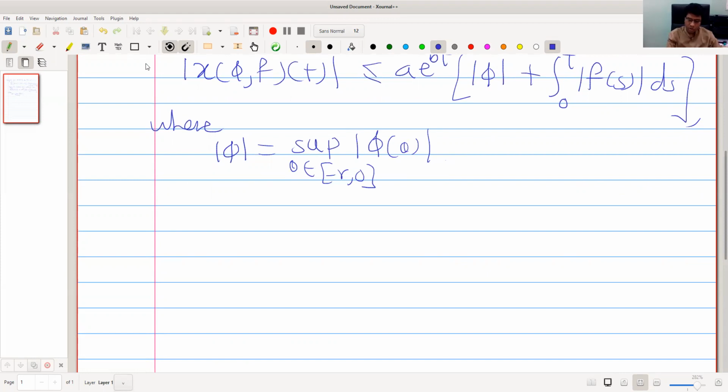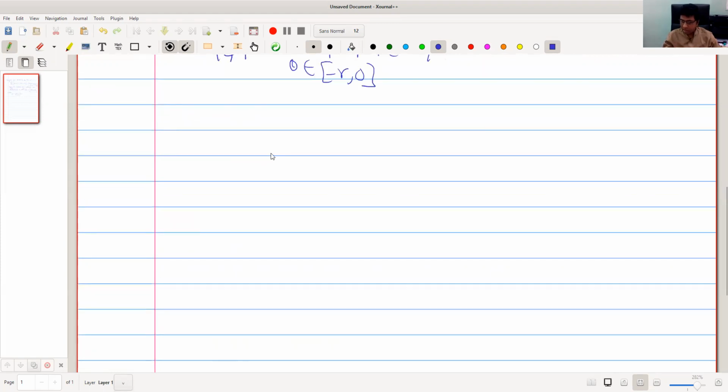Now we move to homogeneous equations, and we find the characteristic equation and discuss the stability.